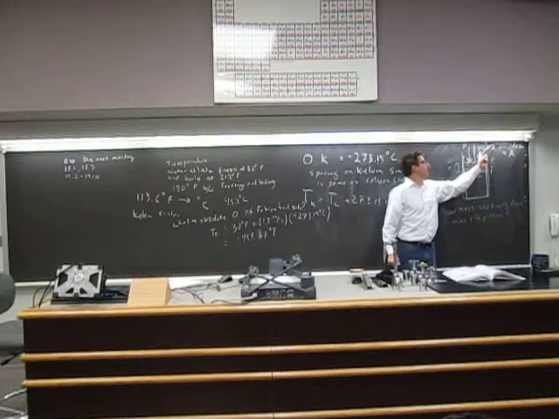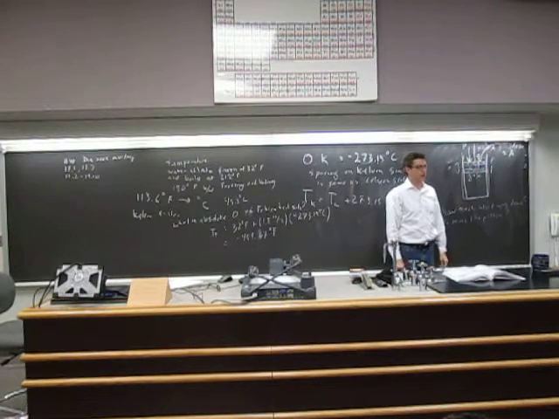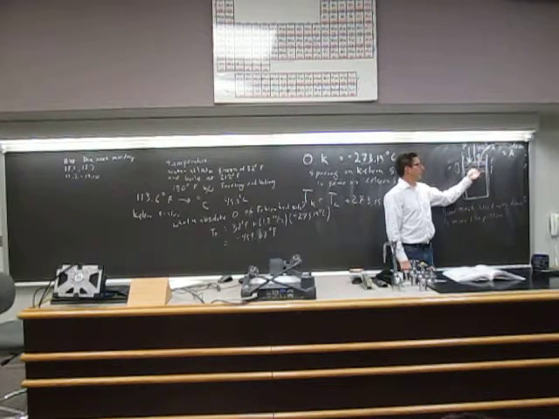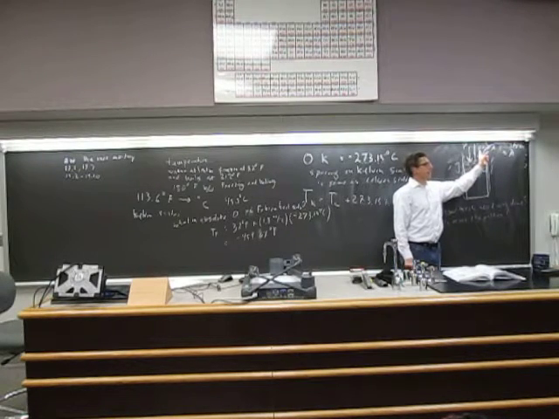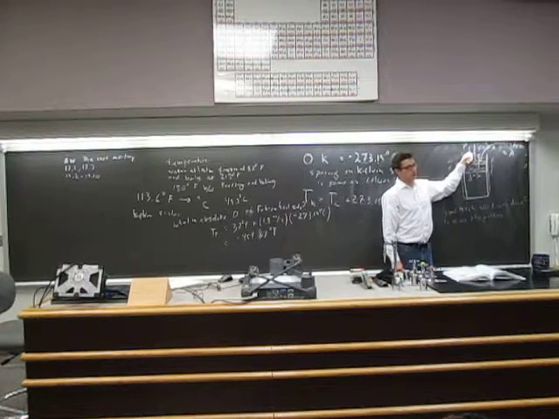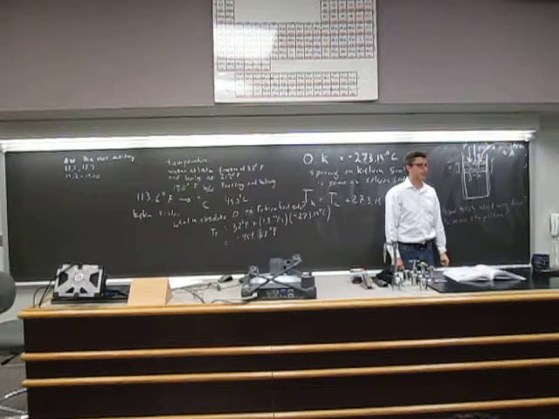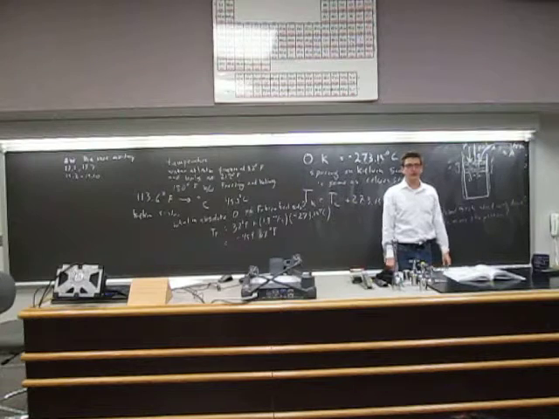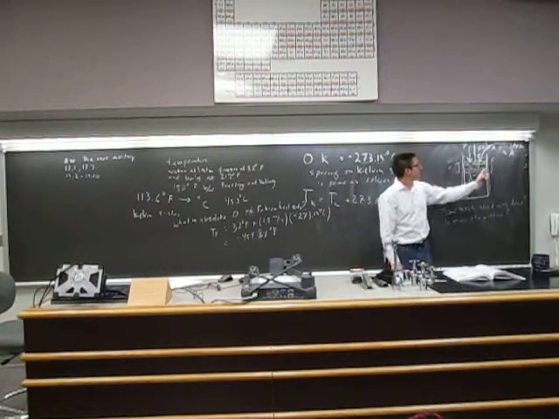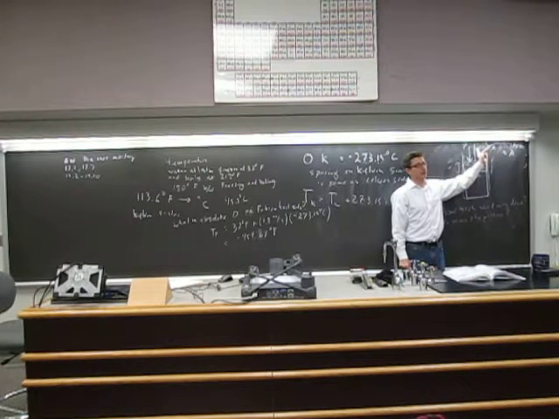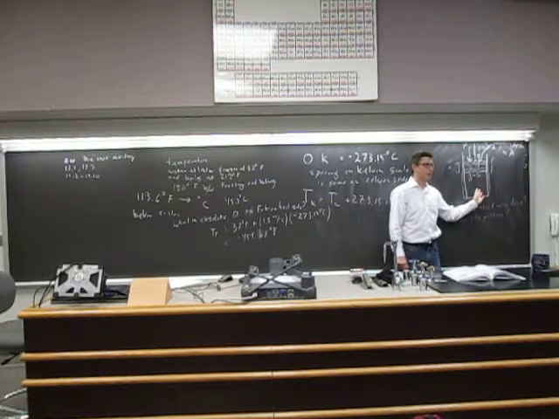If I had a bigger force than this pushing upwards, the piston would accelerate. If I had exactly this force, it would move slowly upwards. But this would be the minimum amount of force needed to move this upwards.